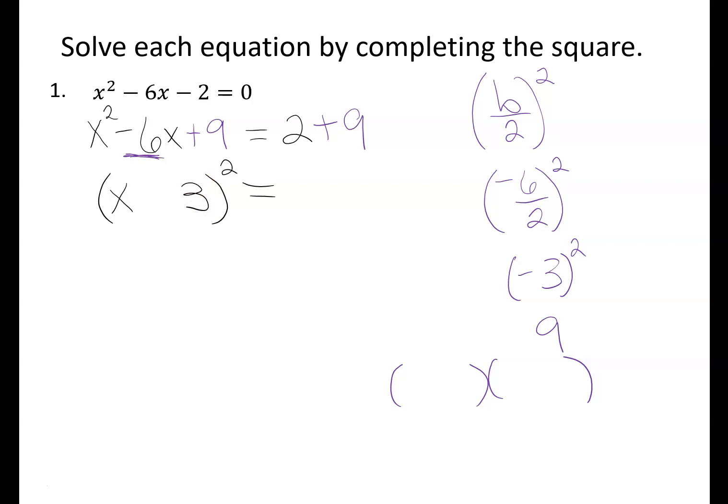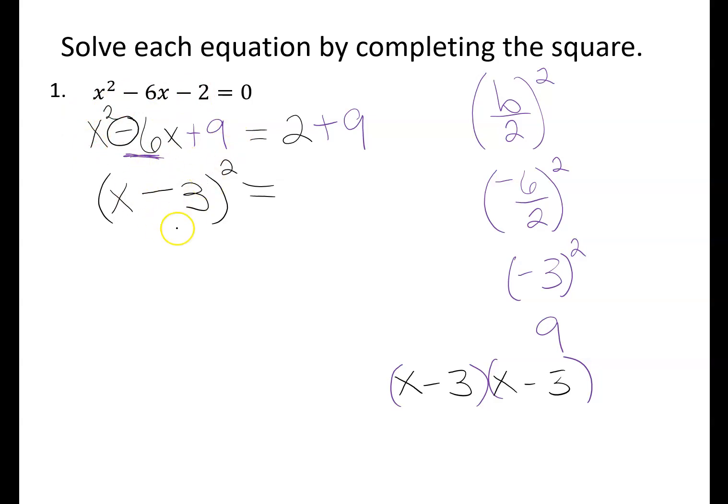And always take the sign that is on b. So it'll be a negative sign. Now, if you're thinking, okay, I'm not sure that that works, well, you could always write it out, x minus 3, multiply those together, and make sure it equals this perfect square trinomial.